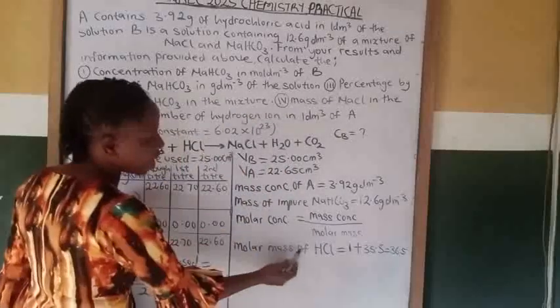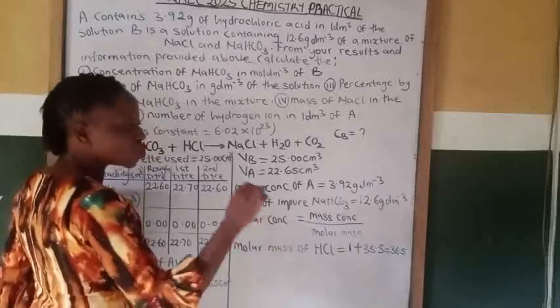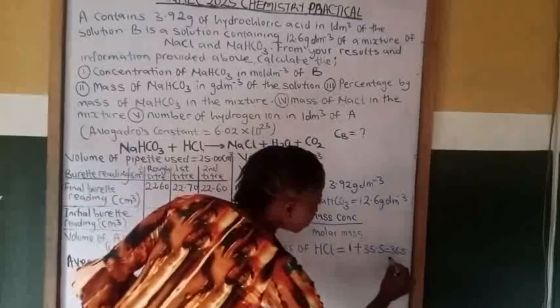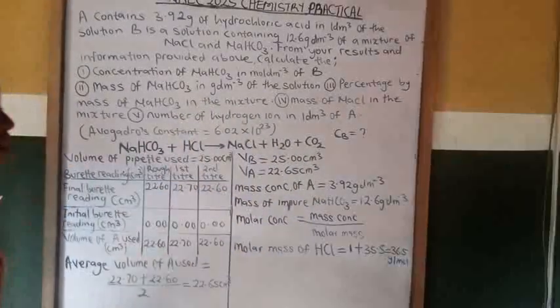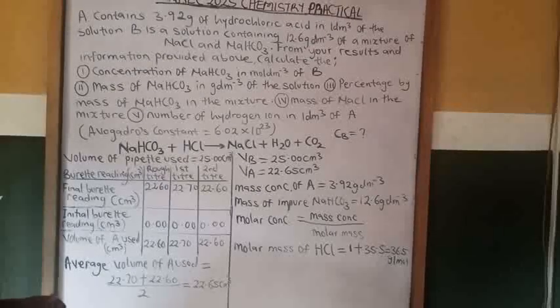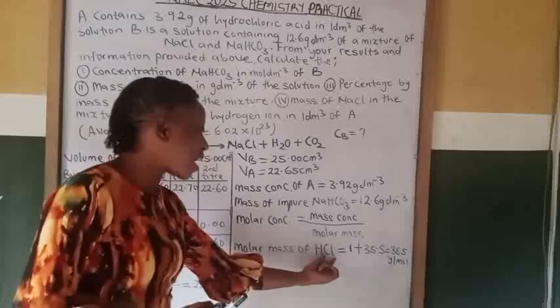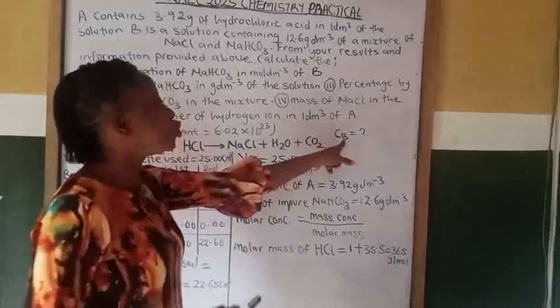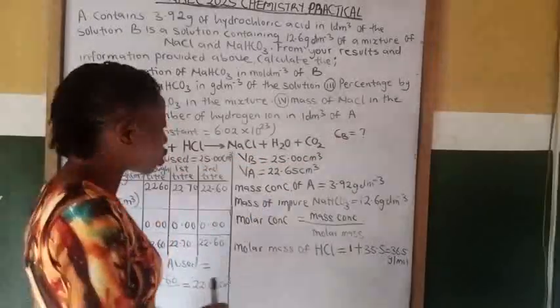The unit: we are talking about molar mass, so molar mass must be in gram per mole. Your unit is gram per mole. But that is not where we are going. We want to calculate the molar concentration of acid.